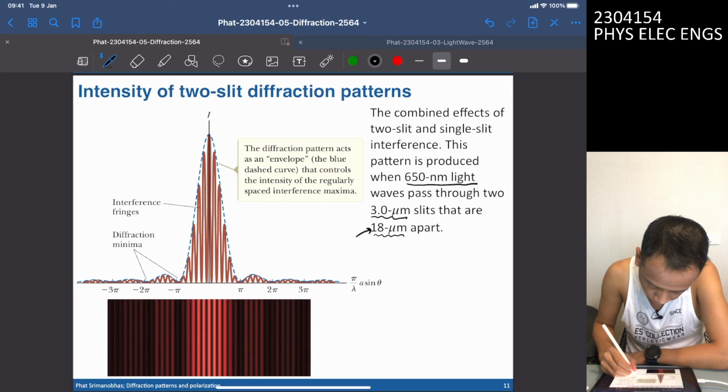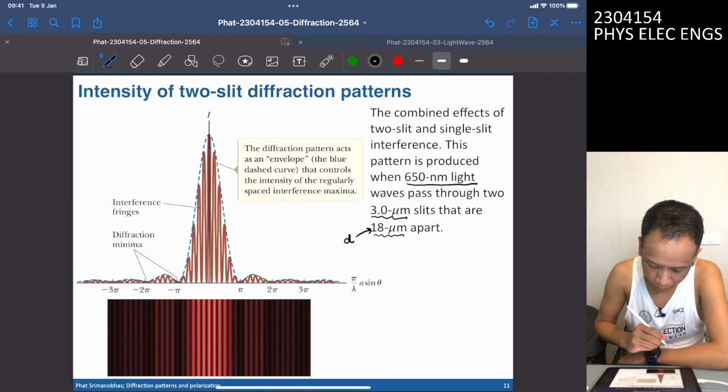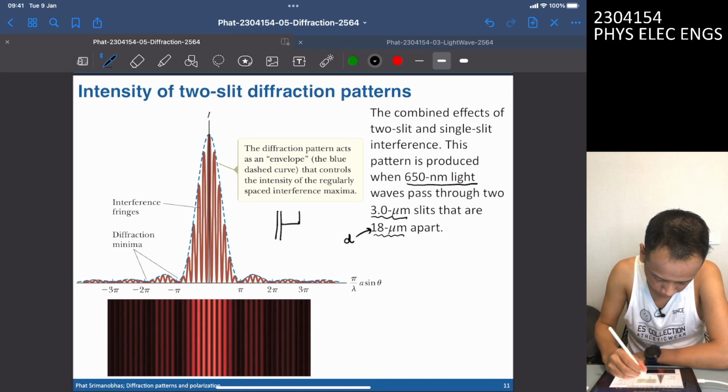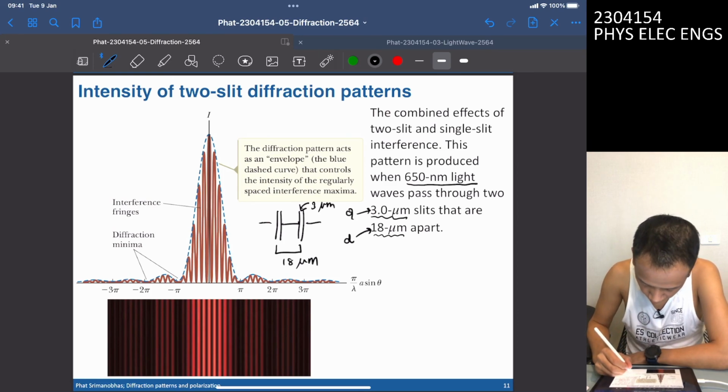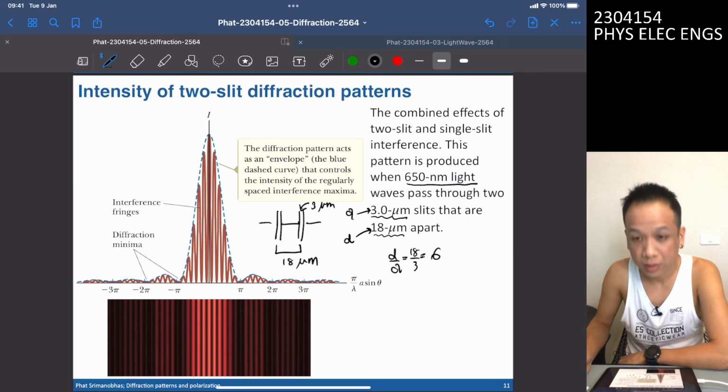Okay, so 15 is d, right, the distance between the 2 slits. The size of the slit is 3 micrometers. Okay, so this is a. So you get d over a equal to 15 divided by 3, so it's 5.